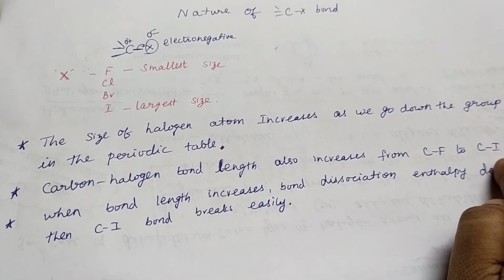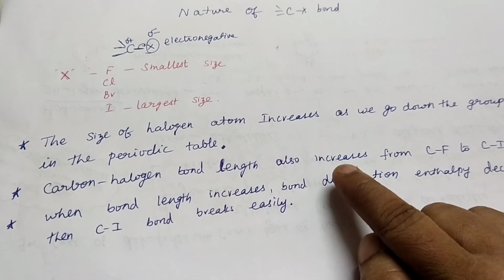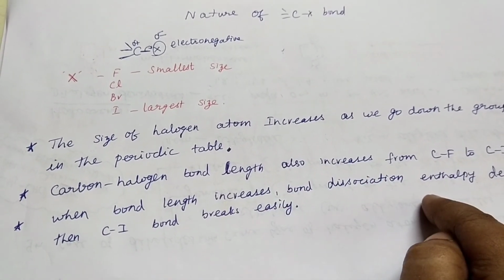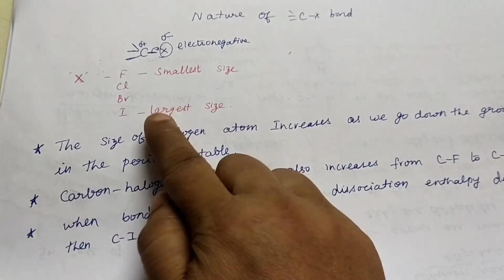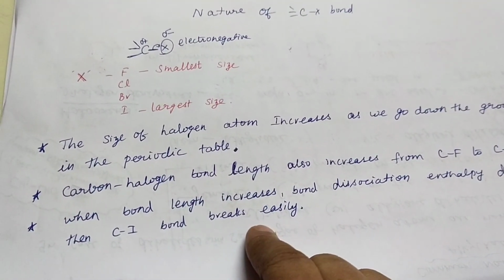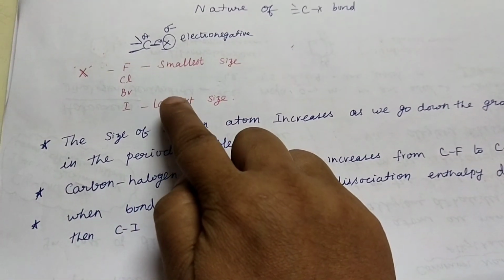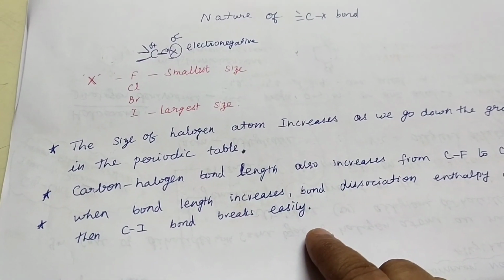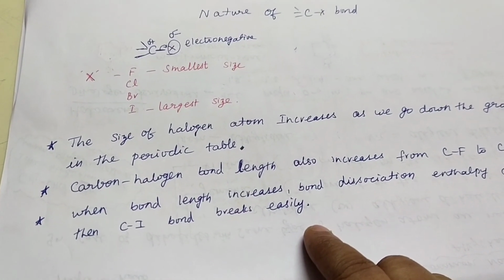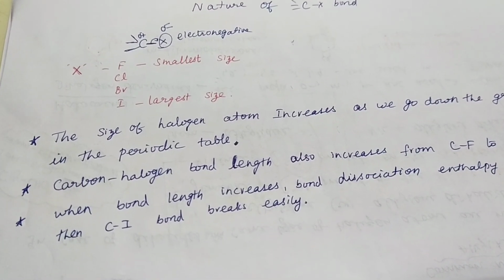As the bond length increases, bond dissociation enthalpy decreases. So breaking of the C-I bond becomes easy. Thank you children. Rest in the next class.